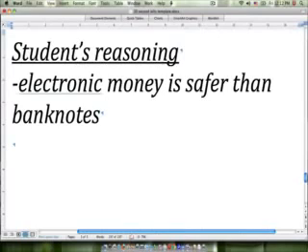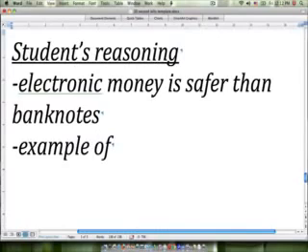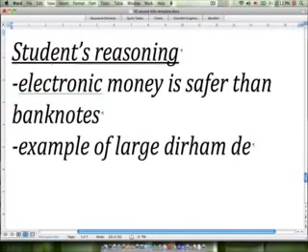Now, the second thing that the student does in this paragraph is they give us an example to show how electronic money is actually safer than banknotes. And the example they give us is the Emirati dirham, which is available in large denominations. So they give us an example of large dirham denominations.